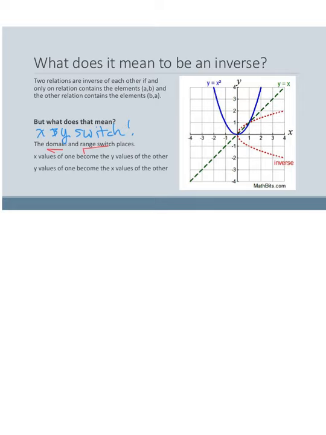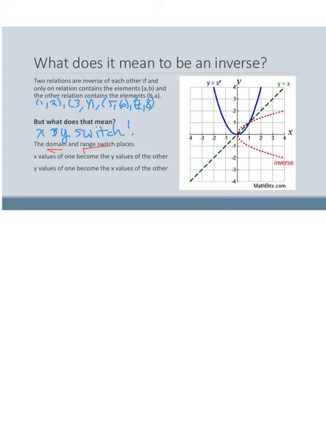So let's look at graphs first. Well, even before we look at graphs, let me talk about X and Y switching. Let me give you a set of ordered pairs: (1, 2), (3, 4), (5, 6), and (7, 8).